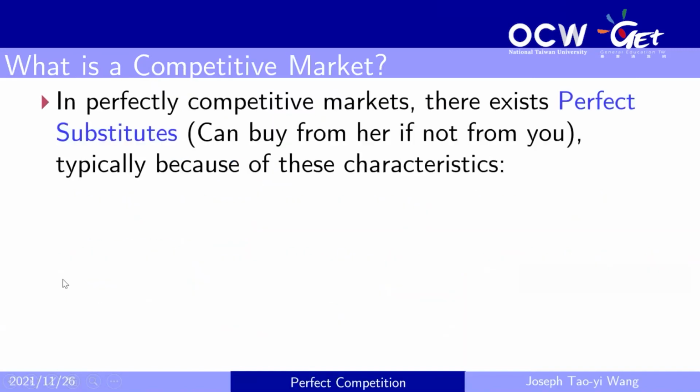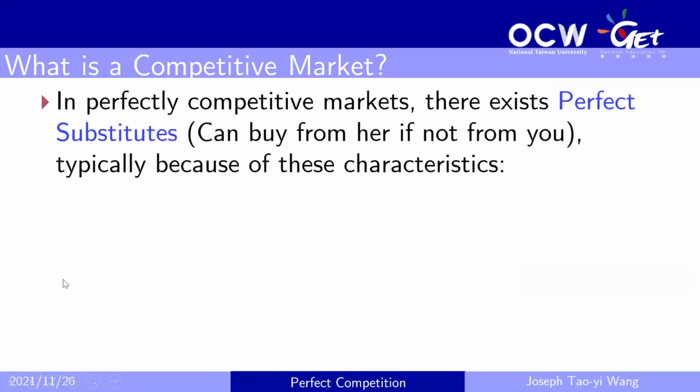So what is a perfectly competitive market? The key thing is that there are perfect substitutes. If a consumer does not buy from this seller, it can buy from somebody else. If the sellers do not sell to this consumer, it can always wait for another consumer to buy it.